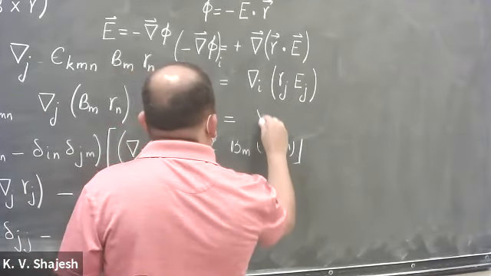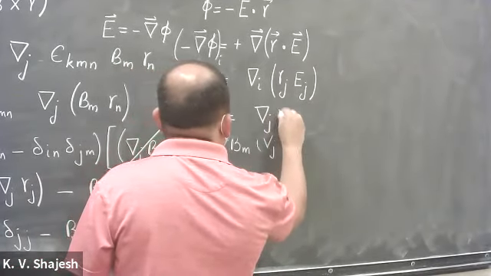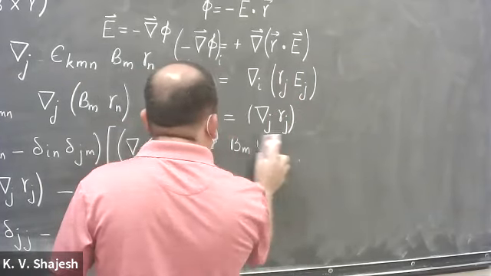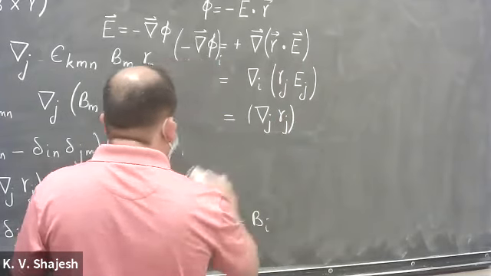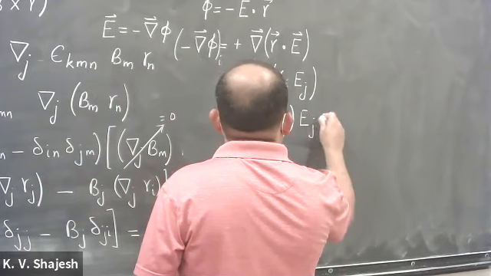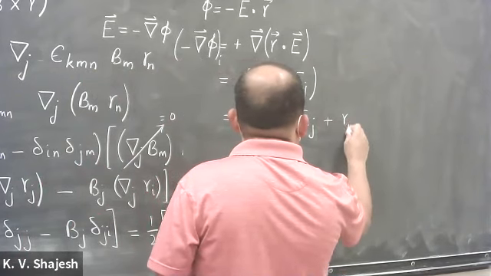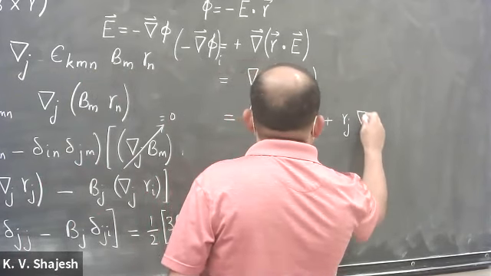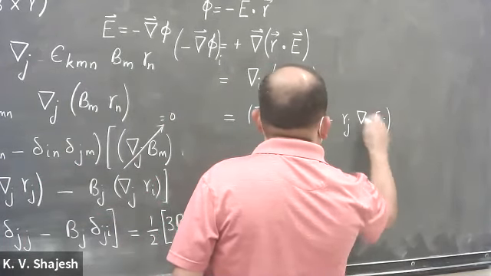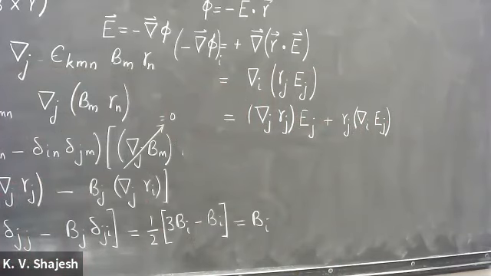And this is equal to, it will distribute again, J times J plus J del I. Be clear?